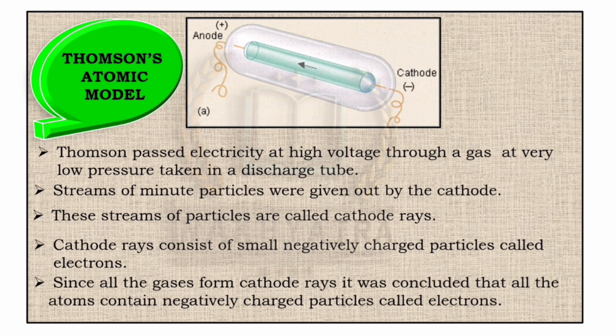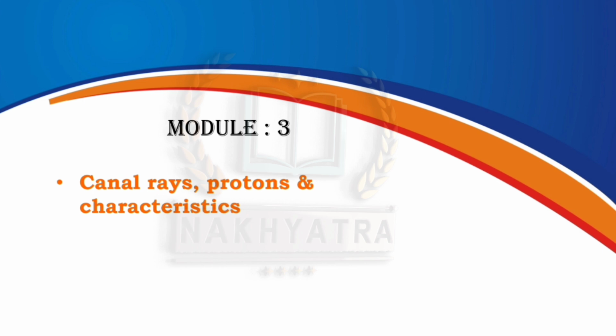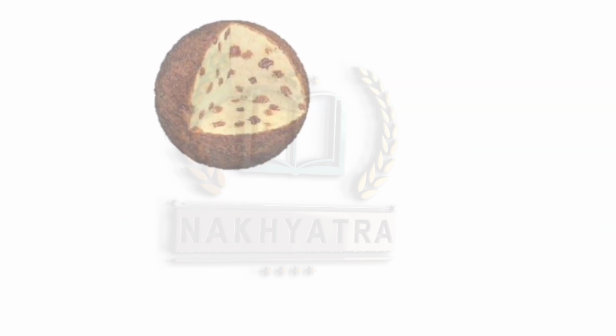Since all the gases form cathode rays, it was concluded that all atoms contain negatively charged particles called electrons. Am I clear to you, students? Next we will see the canal rays, protons and characteristics.